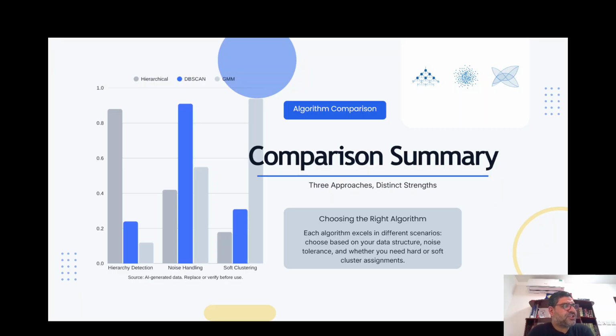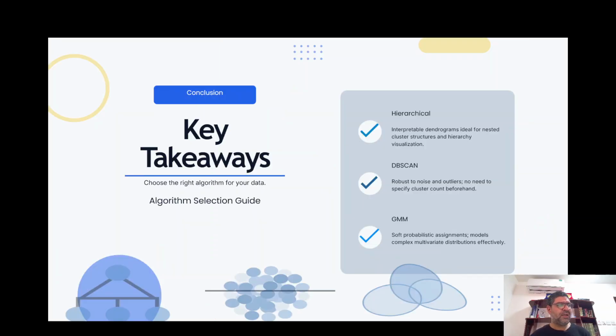So hierarchy detection, noise handling, soft clustering. Based on the particular use case scenario, we can opt for which particular machine learning model we will be choosing there. And what are the key takeaways from here?